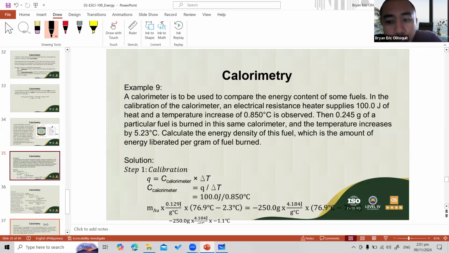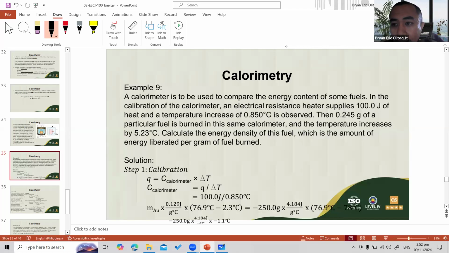Then, 0.245 grams of particular fuel is burned in the same calorimeter and the temperature increased by 5.23 degrees Celsius. We are asked to calculate the energy density of this fuel, which is the amount of energy liberated per gram of fuel burned. So, in this problem, step by step, first will be the calibration.